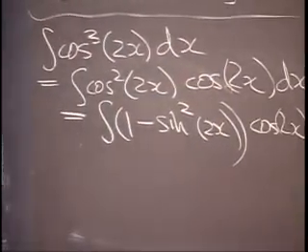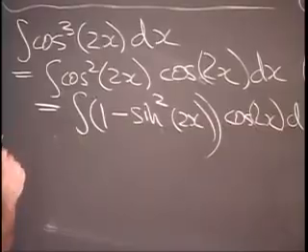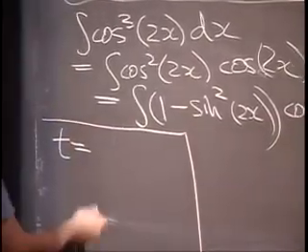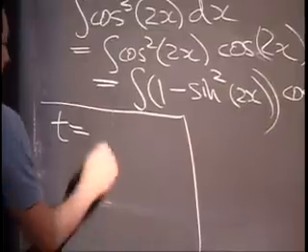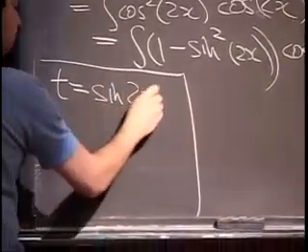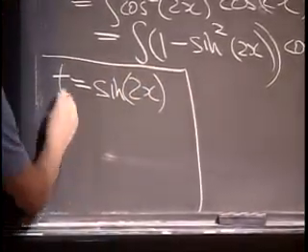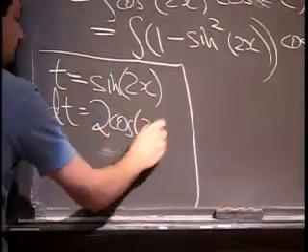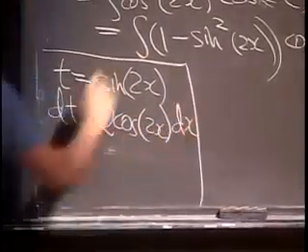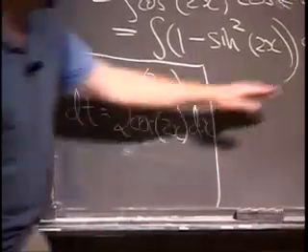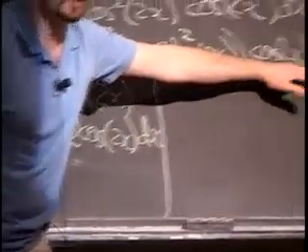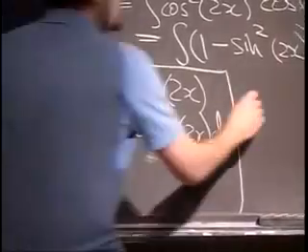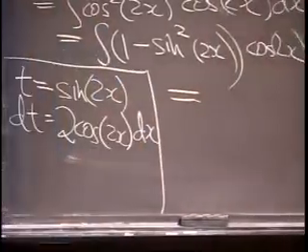Now the substitution is t. Lots of working columns here, nested working columns. T is sine 2x. Careful, dt is 2 cosine 2x dx. Here we have a cosine 2x dx. dt is twice that, so if you divide by 2, you will find this integral in t land.